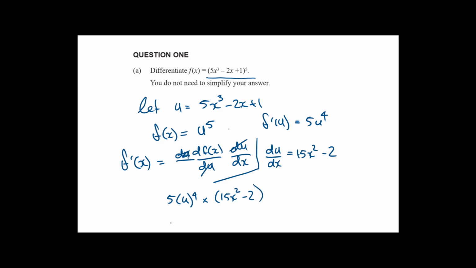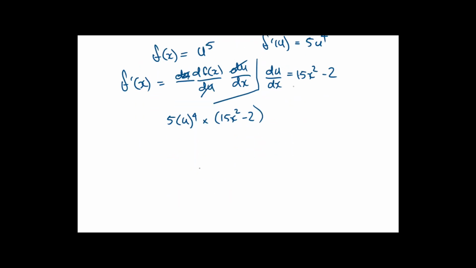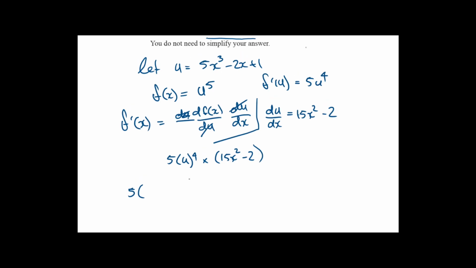We didn't have a u in the original question. It's just a dummy variable that we came up with, but fortunately we know what u is. So u is going to be 5 times (5x cubed minus 2x plus 1) multiplied by (15x squared minus 2), and it's going to be to the power of 4 here.